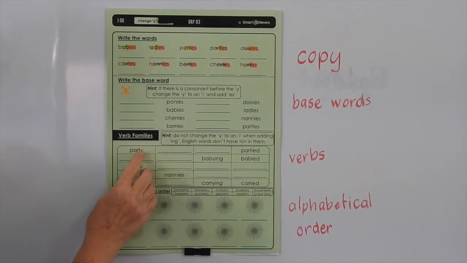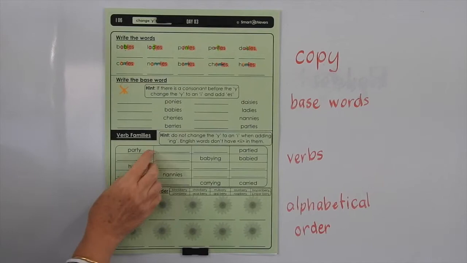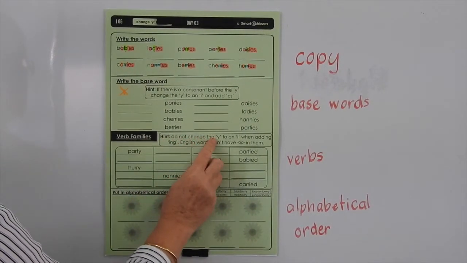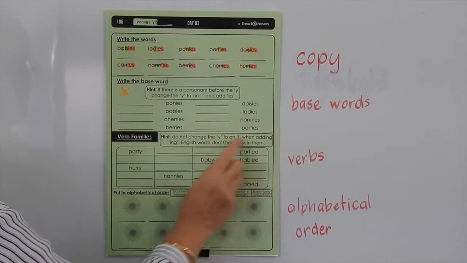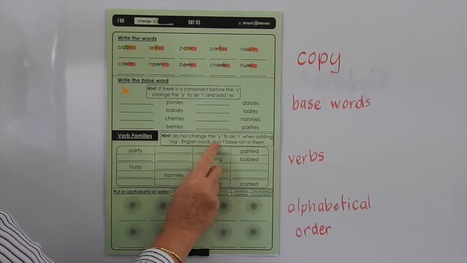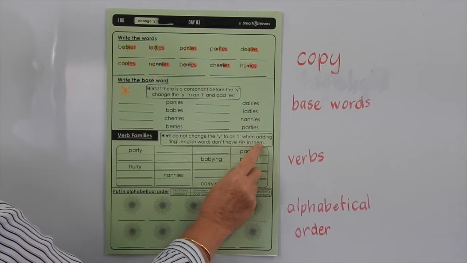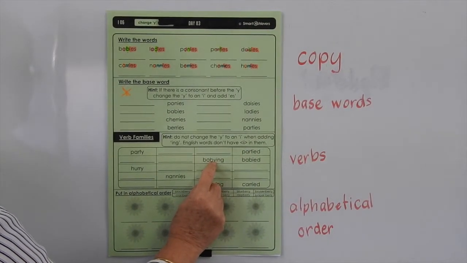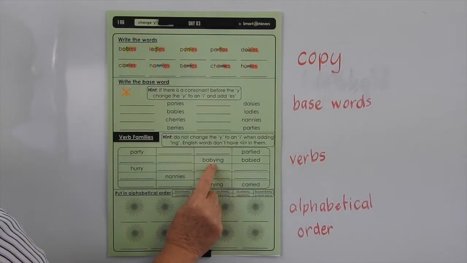Verb families, we want them in their different tenses. There's a hint here as well. Do not change the Y to an I when adding ing. English words don't have double I in them. So you have to leave that Y in there, even though we don't like Y's in the middle of English words.